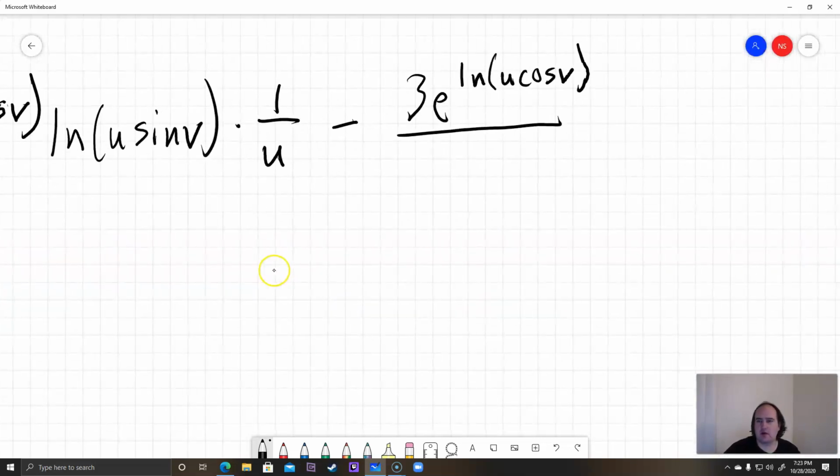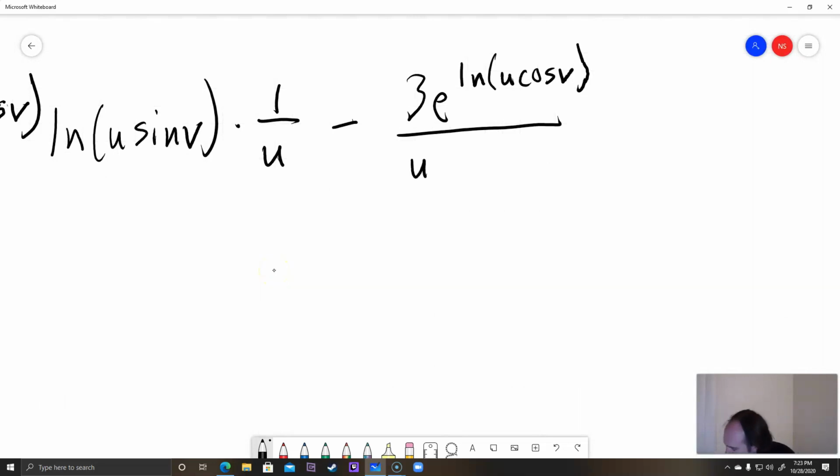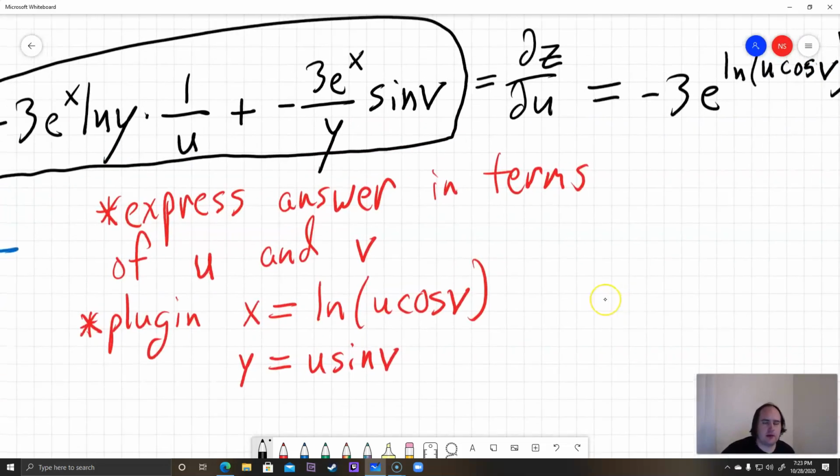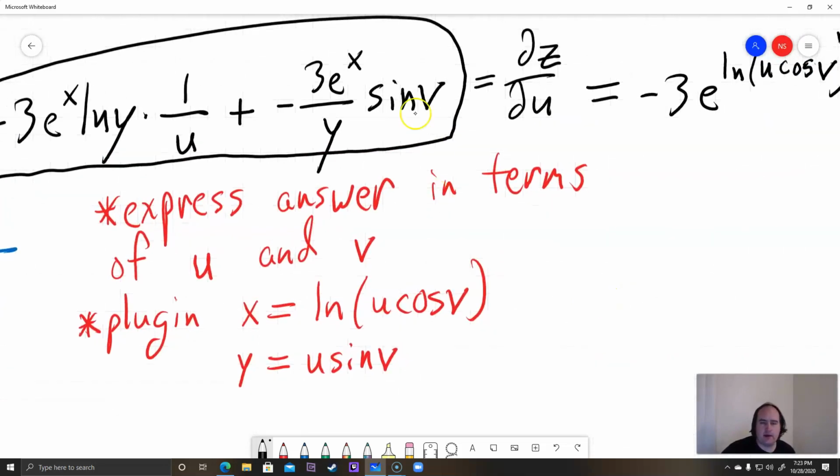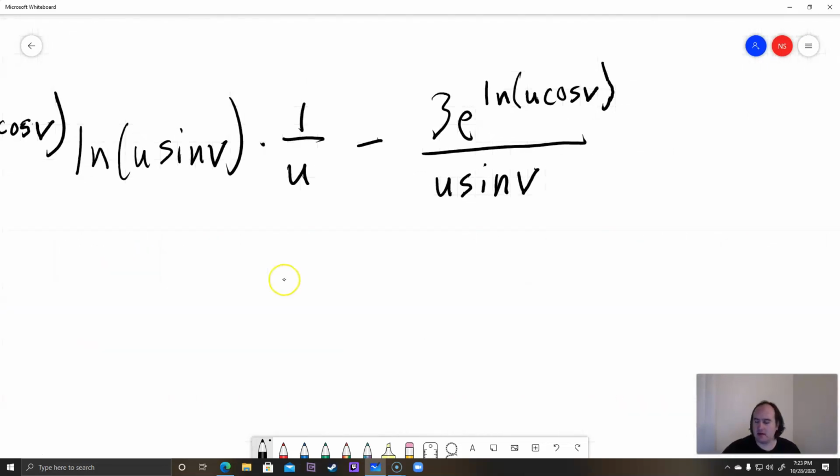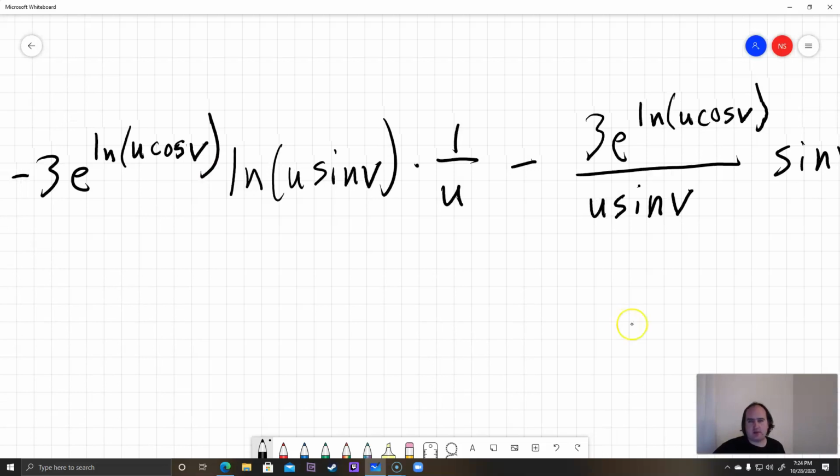So this is over u sine of v. And then this whole thing is times sine of v. So these get very messy, and some people actually prefer to not do the chain rule because it can get so long and messy, particularly in this step. But stuff is supposed to cancel out.